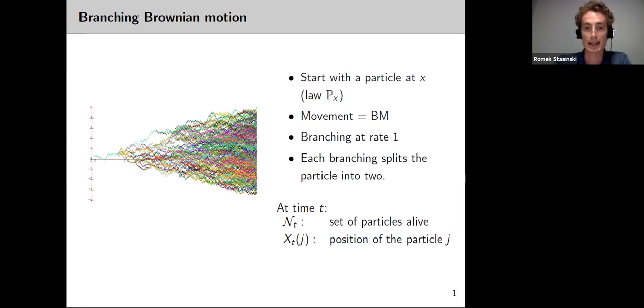So as time passes, we get a growing cloud of particles with size actually growing exponentially. A bit of notation: by calligraphic N_t, we're going to denote the set of particles that are alive at time t. And by capital X_t(j), we're going to denote the position of the particle j at time t.